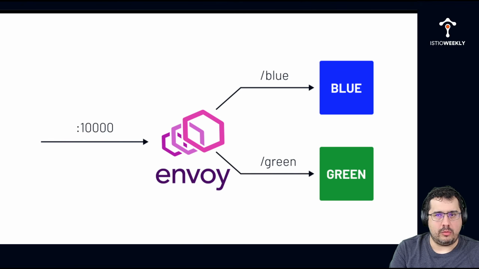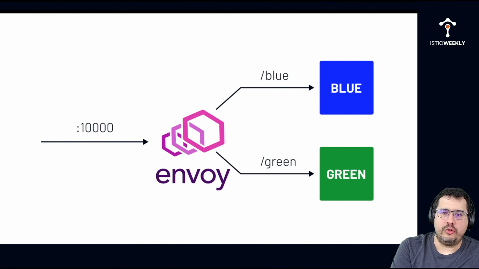So in this demo, what I'll do is I will run two simple Node.js applications in Docker containers, right? And these two apps, the blue app and the green app, will be exposed on two different ports.